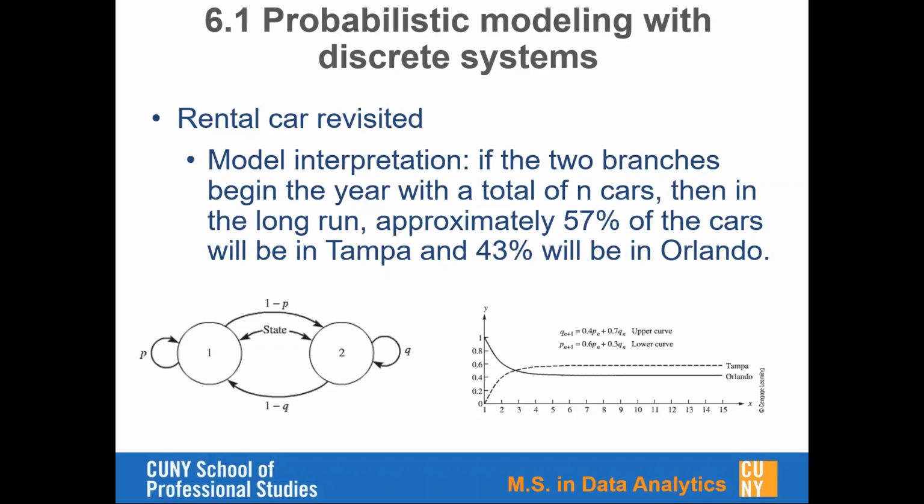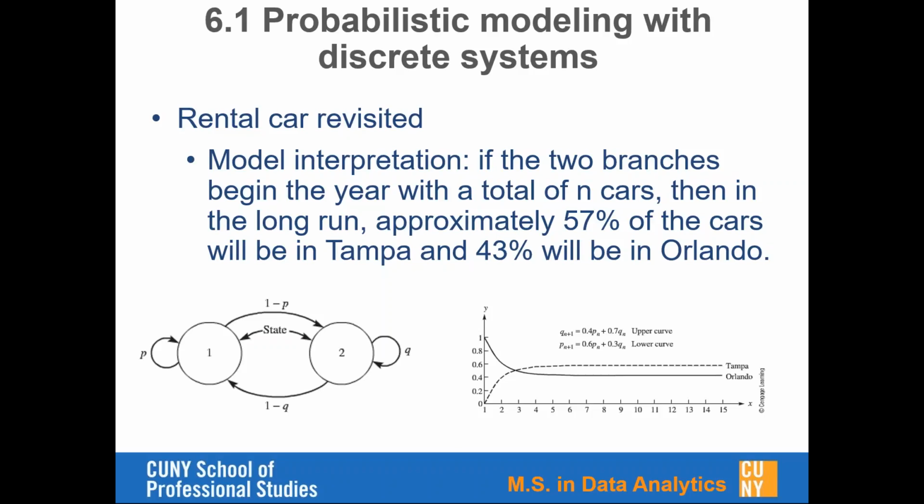If a certain percentage of car rentals return the car to the same location, state 1, then there's a probability of P to return to 1. Meanwhile, there's another probability to return to state 2, which would be 1 minus P.